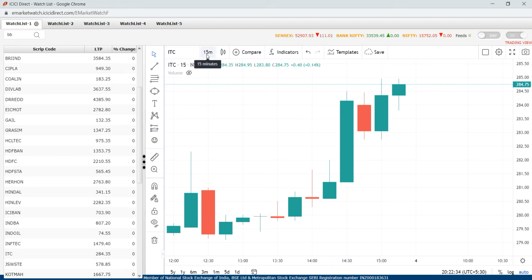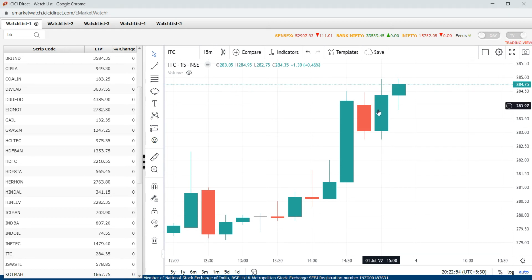I've chosen a 15 minute candle, meaning this candle is of 15 minutes, and open, high, low and close decide whether the candle is going to be green or red.